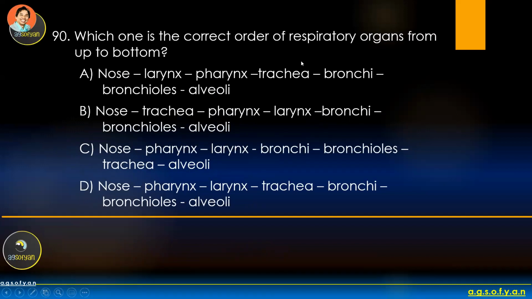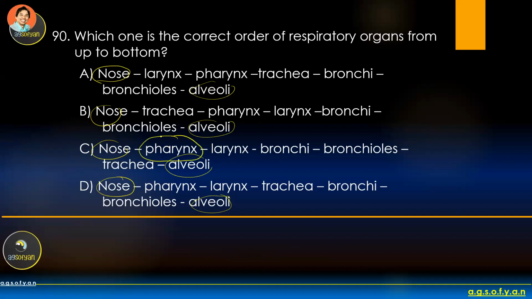Which one is the correct order of respiratory organs from up to bottom, from superior to inferior? Okay, when we breathe, we start from the nose, and then it ends at the alveoli, which are located in the lungs. So after the nose, the air will go to a small tube called the pharynx.